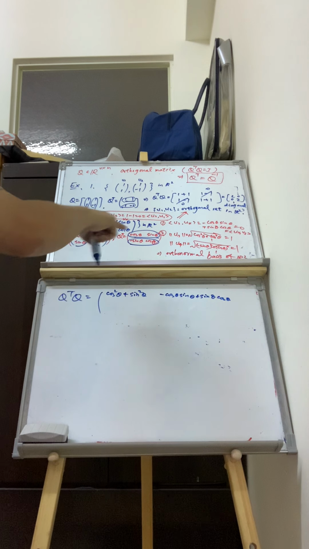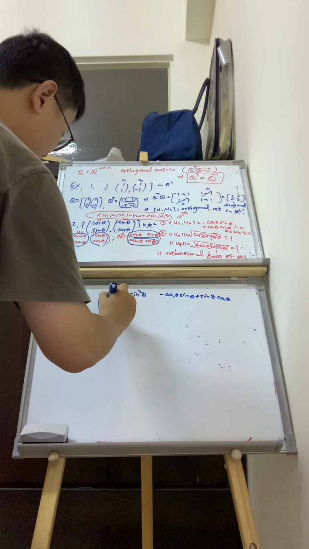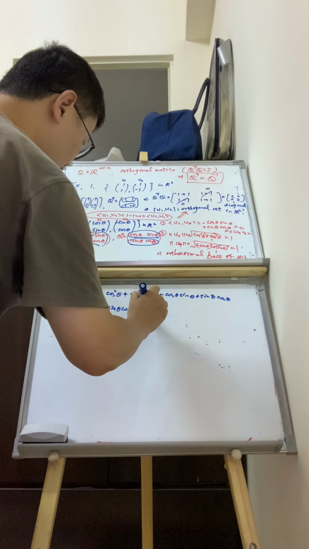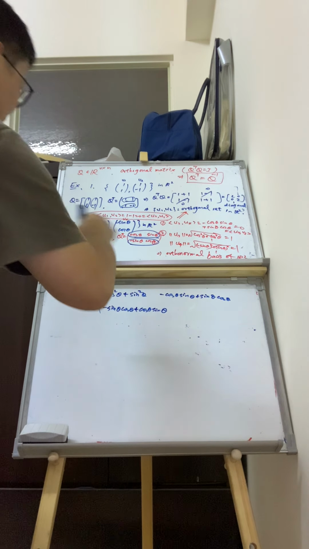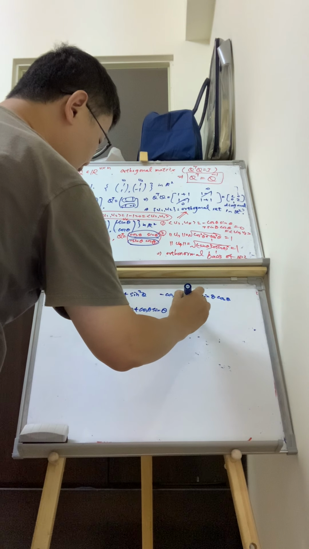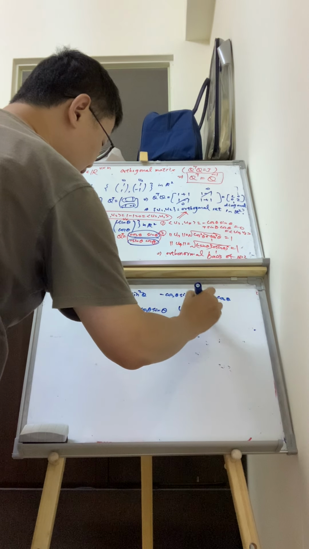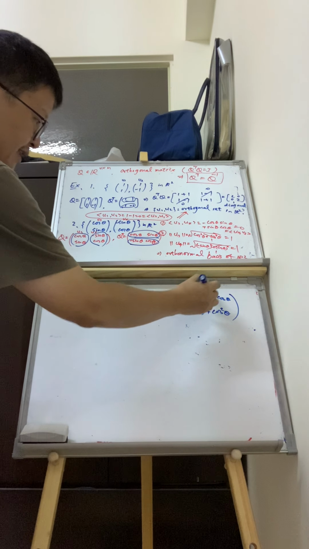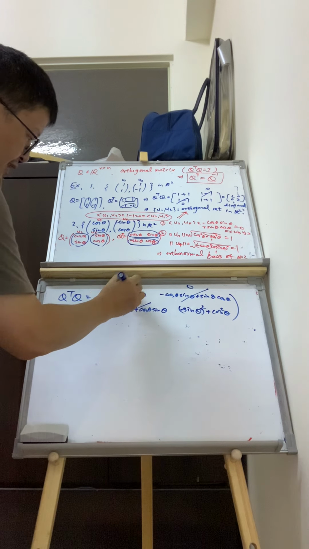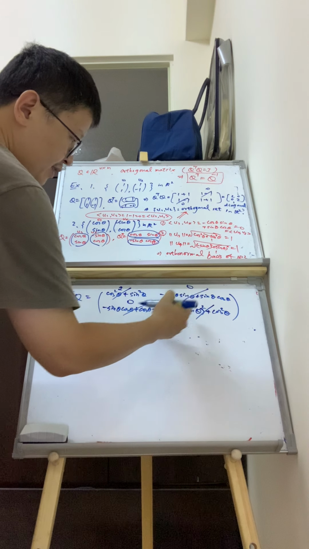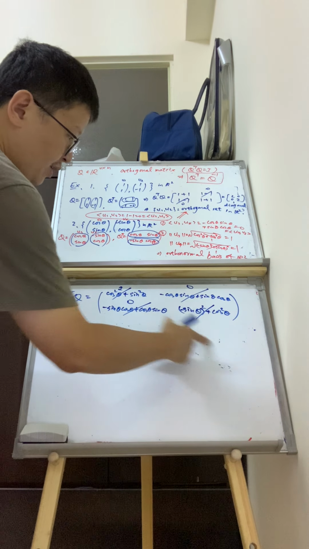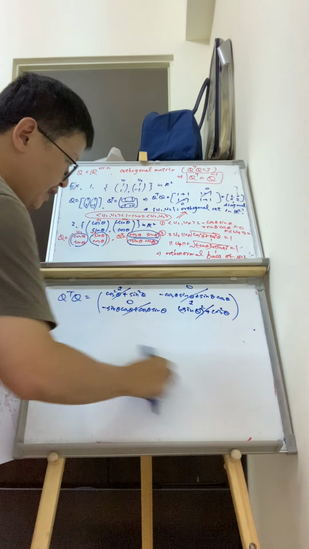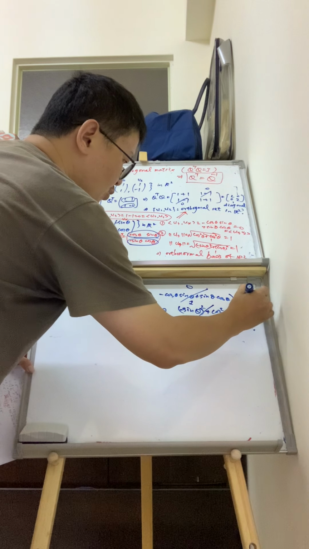And here is negative sine times cosine plus cosine times sine. And here is negative sine times negative sine, so sine square, plus cosine square. This one is 0, this one is 0, this one is 1, and sine square plus cosine square is also 1. So indeed, it's the identity, 1, 0, 0, 1.